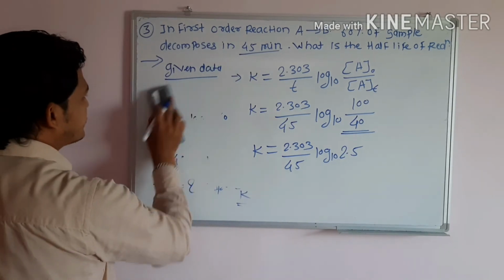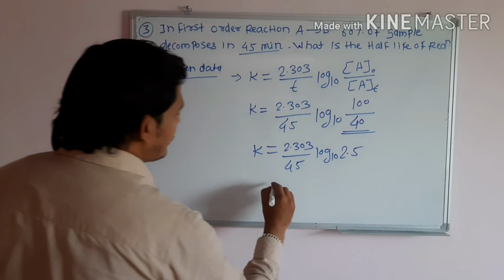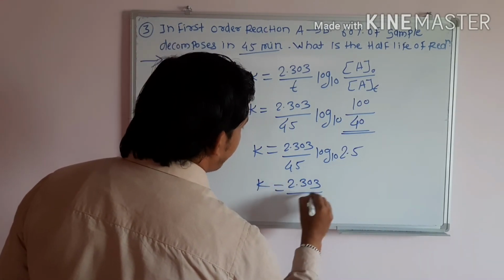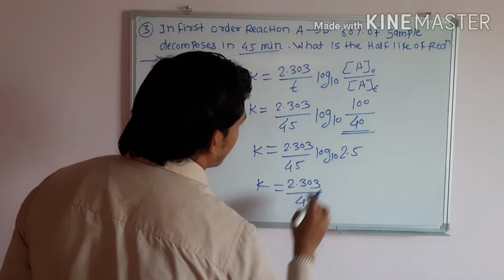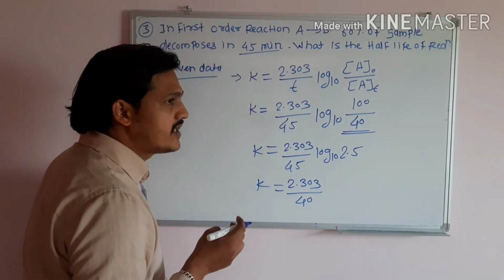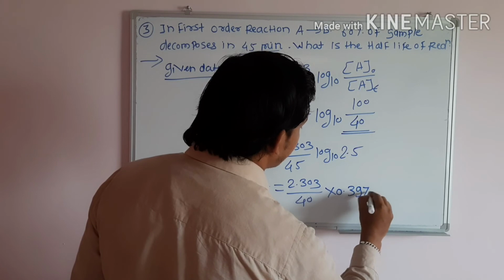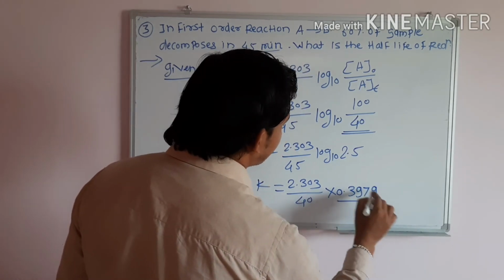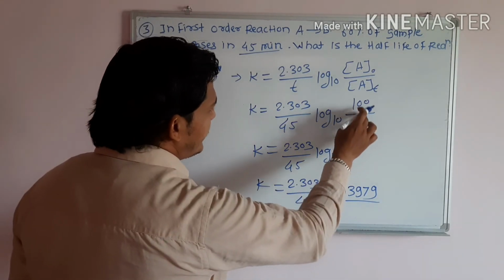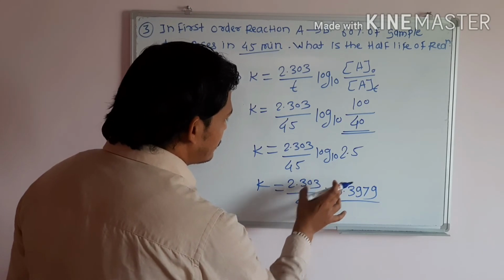Then our next step: k is equal to 2.303 divided by 45 times the log of 2.5, that is 0.3979. This is the log. First of all, 100 upon 40 is 2.5, and then we find its log.